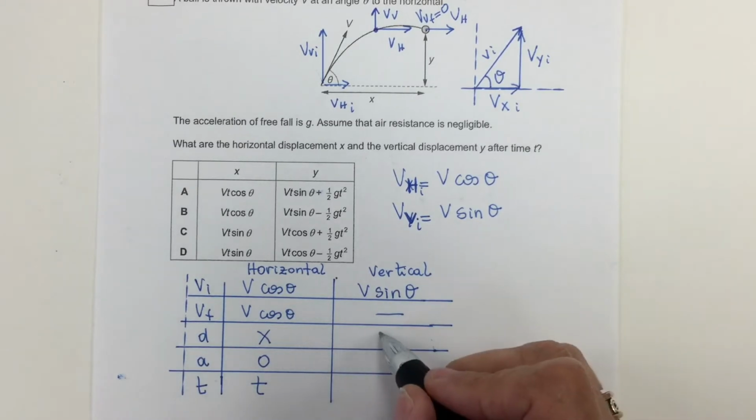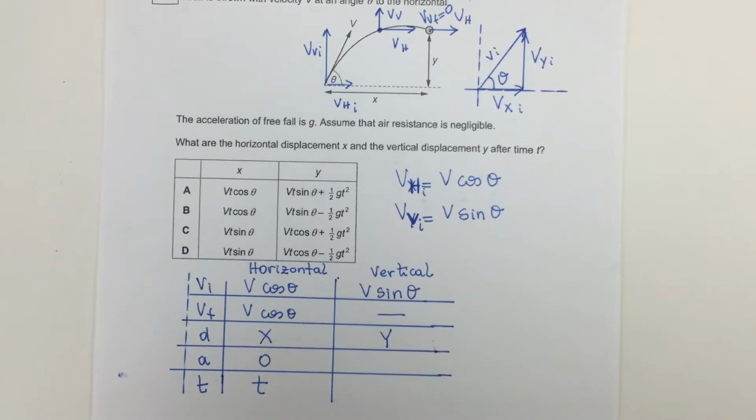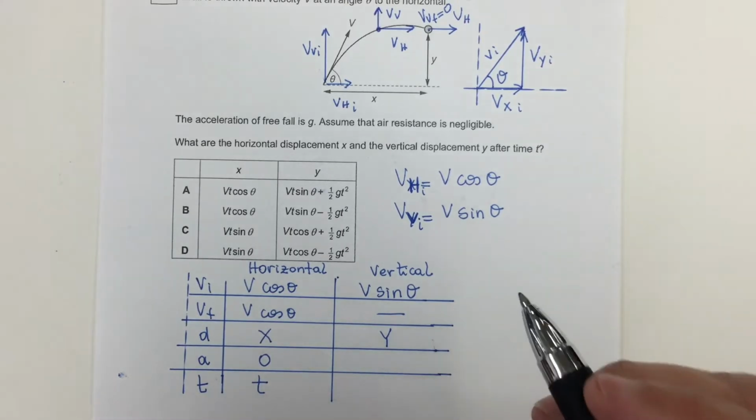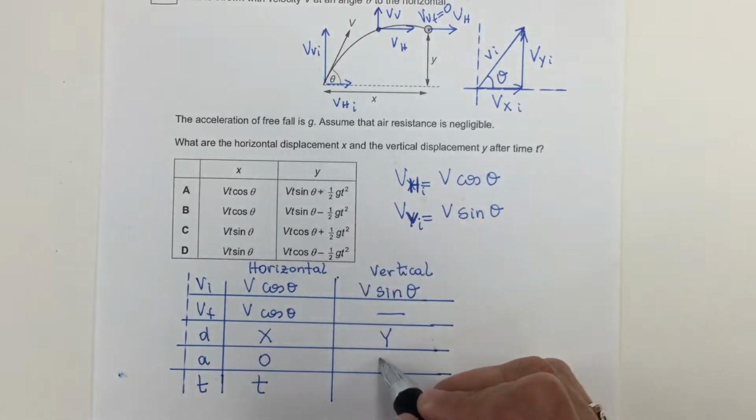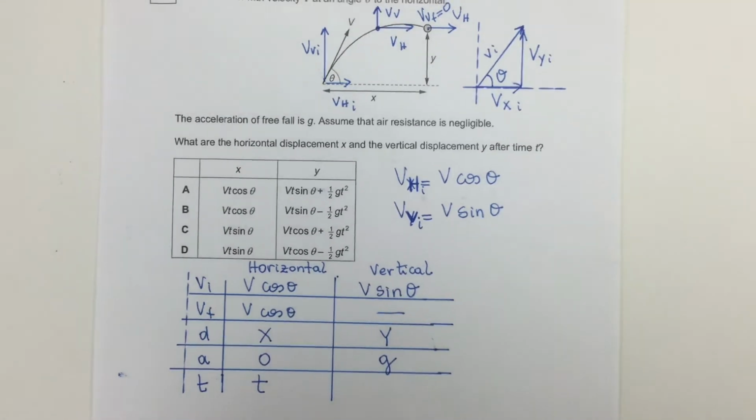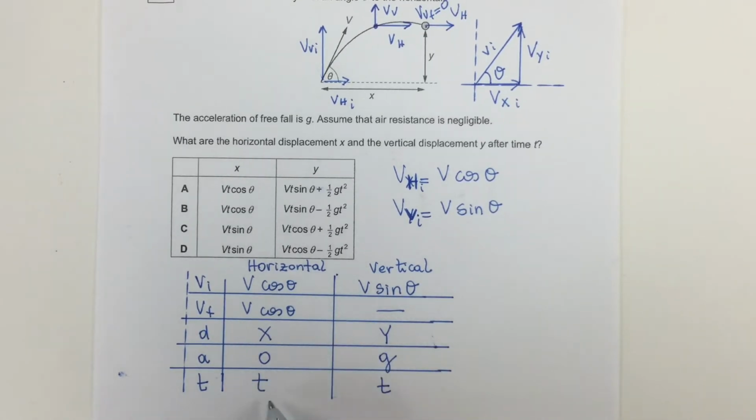The distance here will be y. The acceleration, because there is no numerical value, I'm going to call g, and this time is t. So x and y are going to happen at the same time t, so I just repeat the t here.